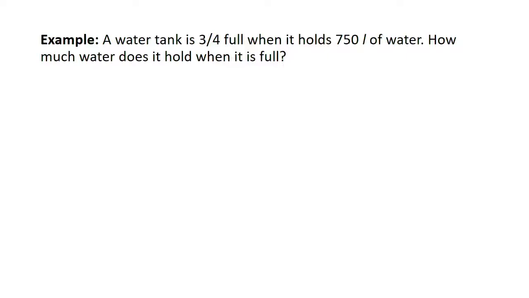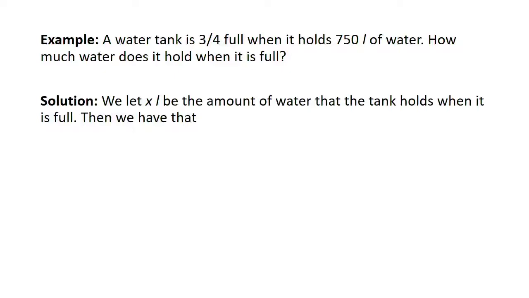This means that if we let X be the amount of water that the tank holds when it's completely full, then 3/4 of the full amount is 750, which means 750 is 3/4 of the tank. So that gives us 3 over 4 multiplied by X is equal to 750.